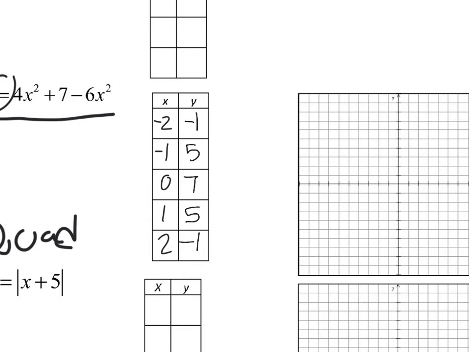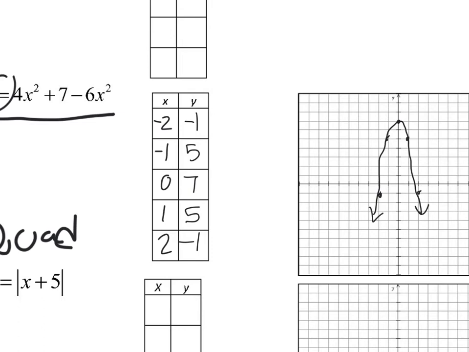Okay? If we plot those points, -2, -1, -1, 5, 0, 7, 1, 5, and 2, -1. So you have a horseshoe shaped, and it's a quadratic.